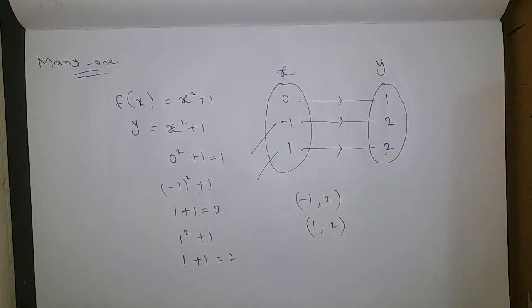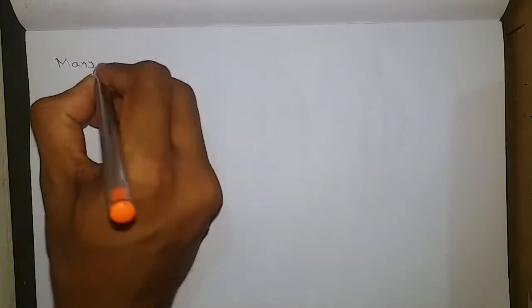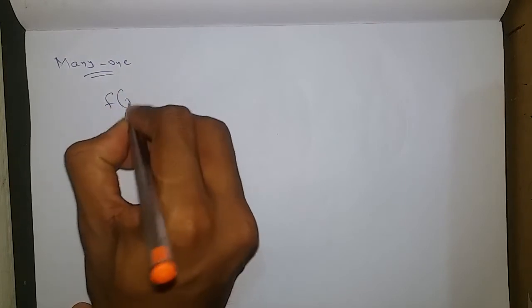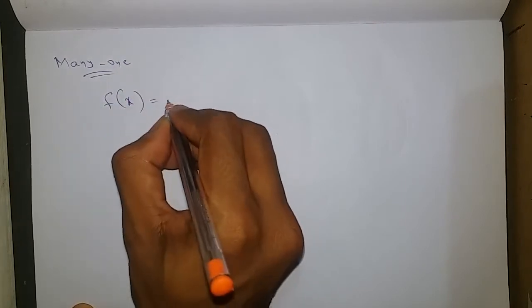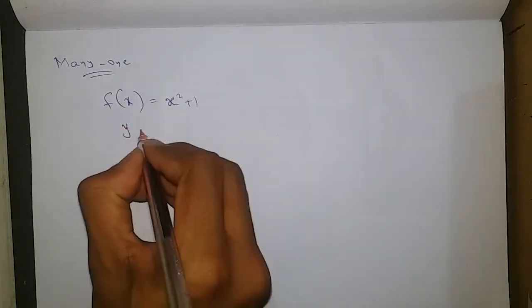Okay, the next type of function is many one function. Many one function means at least two elements from the domain should have same images. So let us check this by taking one example. I am taking the function as f of x is equals to x square plus 1, and this f of x I am replacing with y.